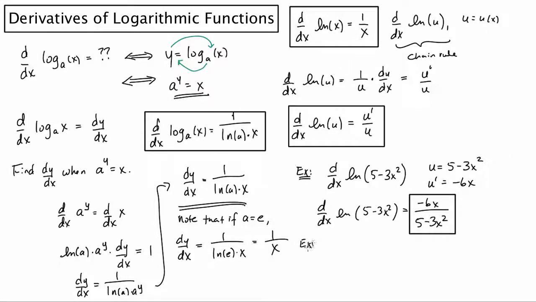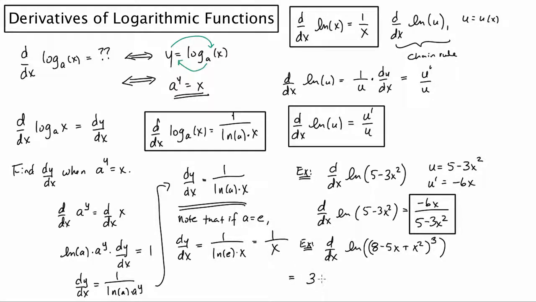Just as one more example here, what if I asked you what is the derivative with respect to x of the natural log of 8 minus, let's say, 5x plus x squared, quantity cubed? You can very easily use properties of exponents here. Use the property of your natural log here to factor that out.